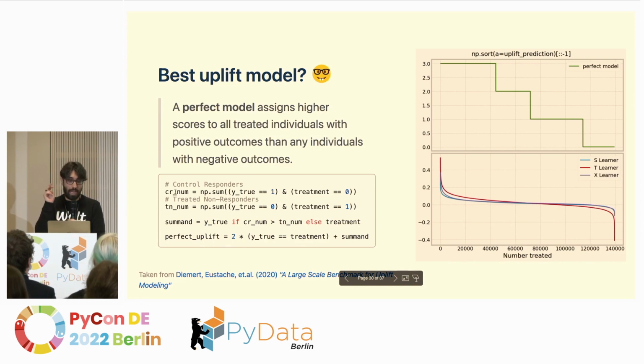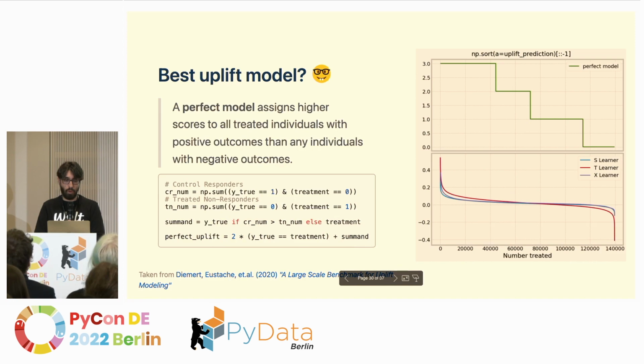So what are the errors? Well, the errors are the control users which had a positive response, and the treated ones which didn't. So these were the bad cases, so to say. So this is going to be a correction term. So what they do is, when you're evaluating your model, you have some true labels, like they convert or not, and you have the treatment.